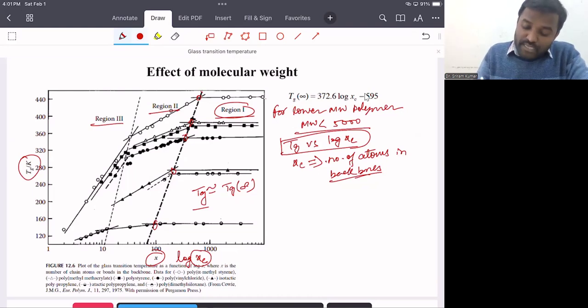This happens if you have the Xc value, the critical size or number of atoms in the chain.